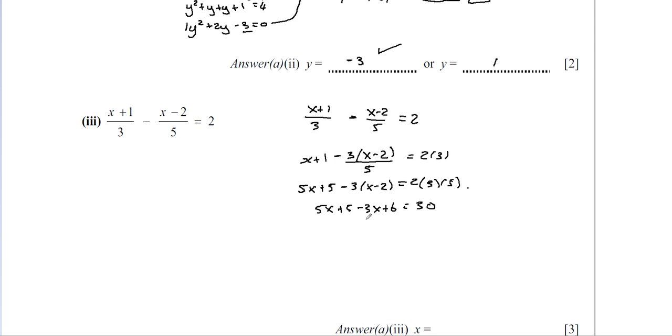Now we just solve for x. So 5x minus 3x is 2x is equal to 30. We take the 5 and the 6 across, so it's going to be minus 11. 2x is equal to 19, x is equal to 19 over 2, or basically 9.5. That'll be 3 marks.